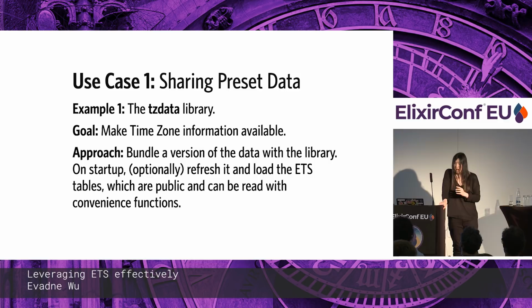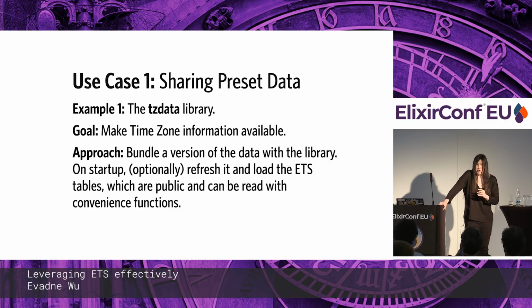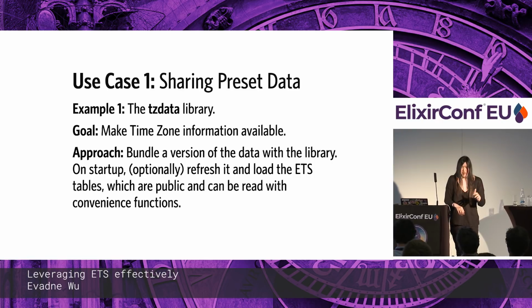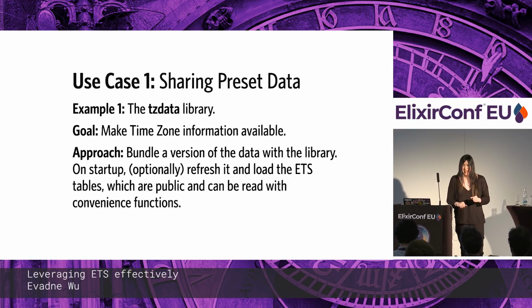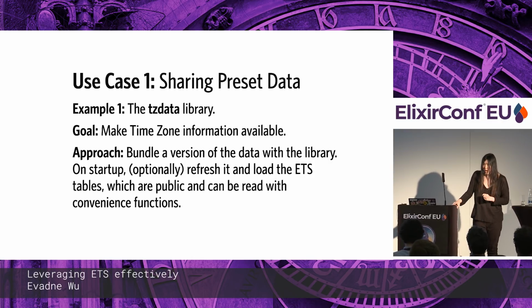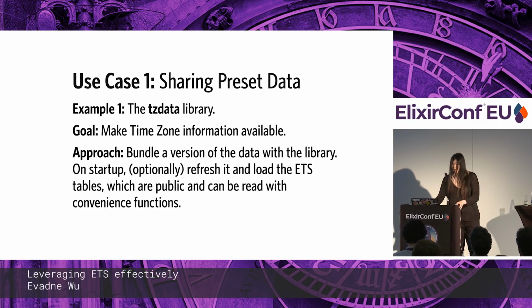So the TZ data library, in order to make time zone information available to your application, does it with ETS. The library contains a bunch of files that contain a version of the information. When the library starts up, it loads the content of the files into ETS tables. Then the content in the ETS tables can be used by your application through a publicly available API.